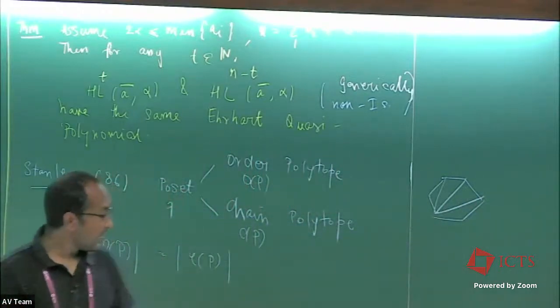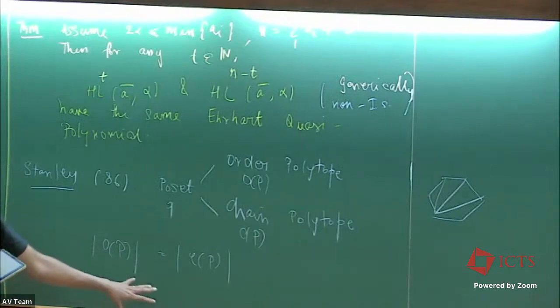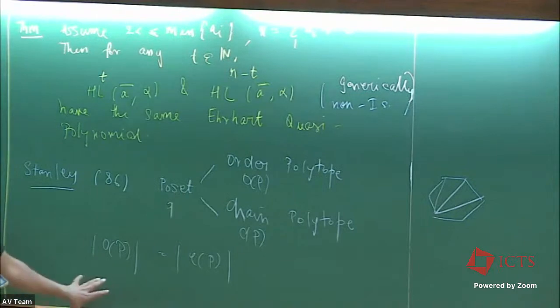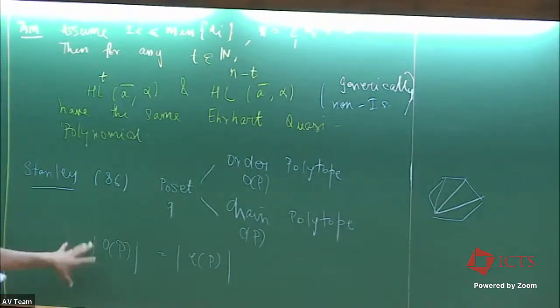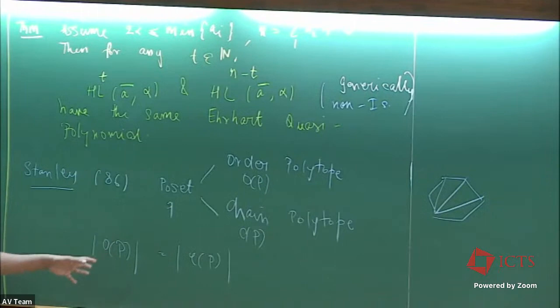What Stanley showed is that both these polytopes have triangulations in which all the simplices have the same volume. This is called a unimodular triangulation. He gave explicit unimodular triangulations for both, and the number of simplices is related to the number of linear extensions of the partial order.